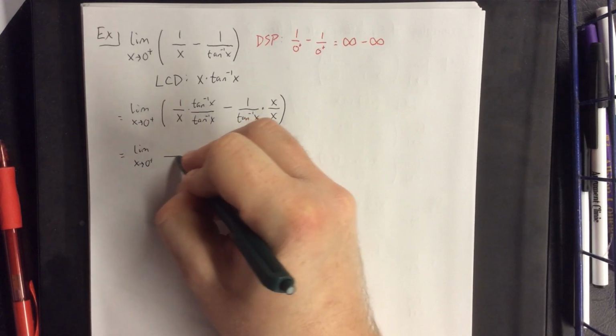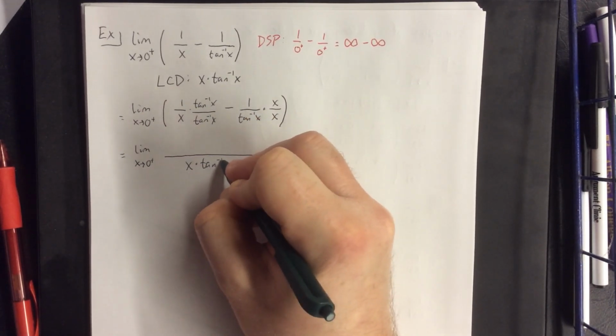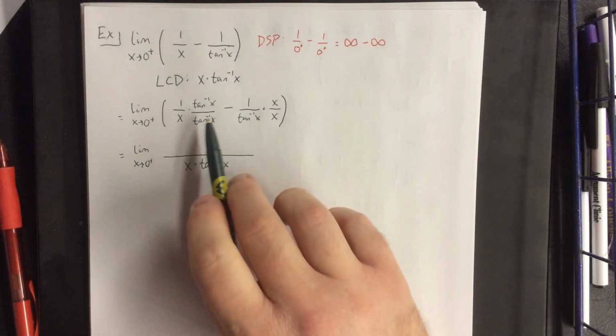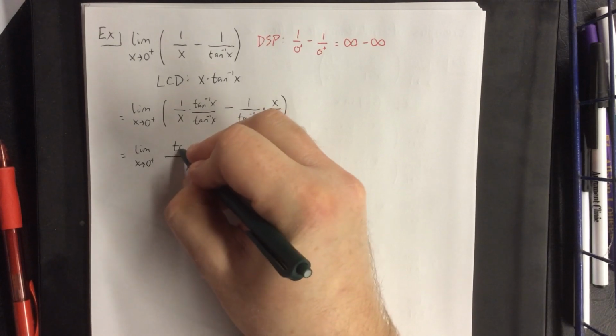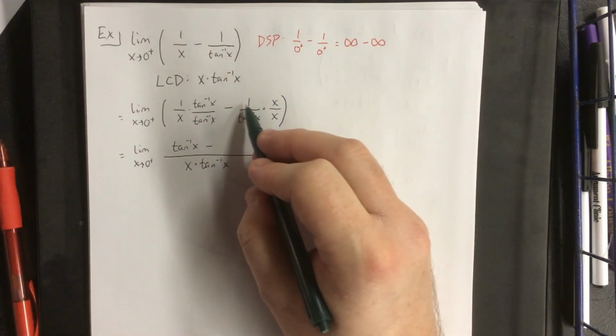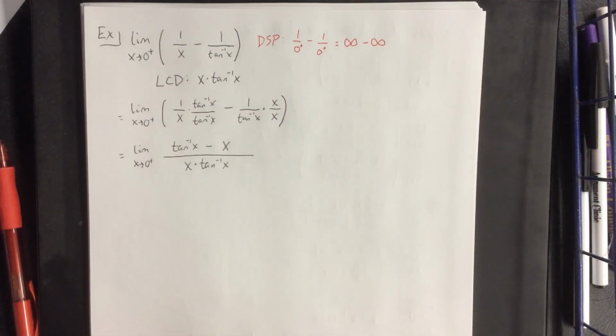Because they now have the same common denominator, I'm going to express it in terms of that. Now the first numerator that we would get is arctangent of x times 1. We'll just call that arctangent of x. And the second numerator is 1 times x. We'll just call that x.